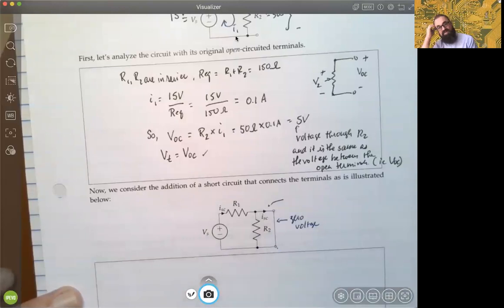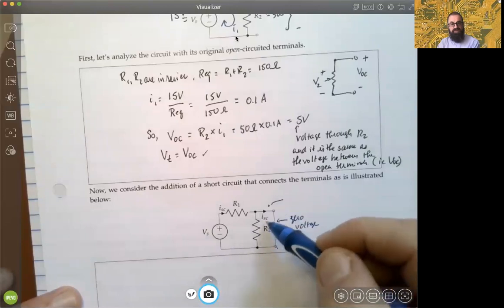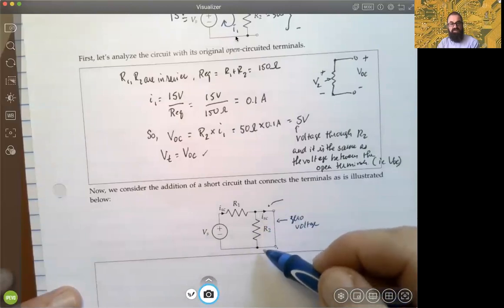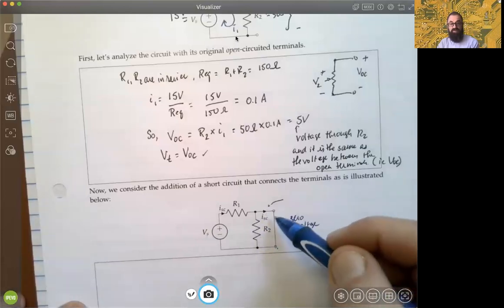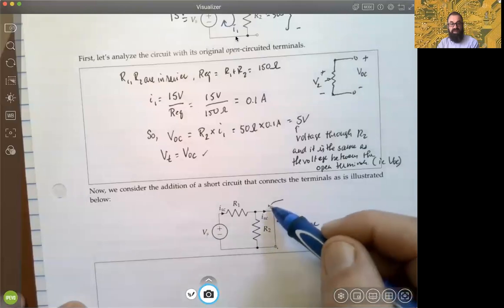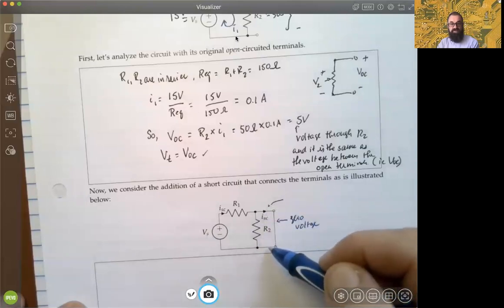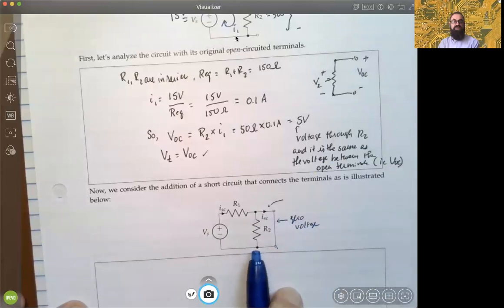Well, all right, think Ohm's law. If there's no voltage across R2, then how much current is going through it? Just for the resistance. What we have here is a conductor and we have current flowing, but there's no voltage. So there's no voltage in R2. You've basically rendered that load, you've zeroed it out.